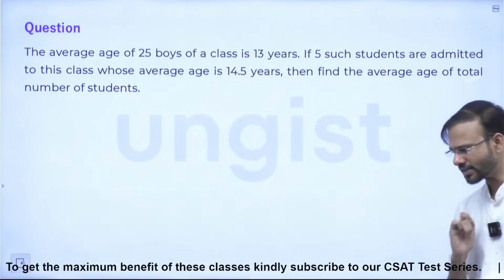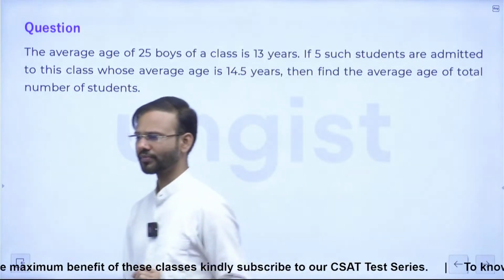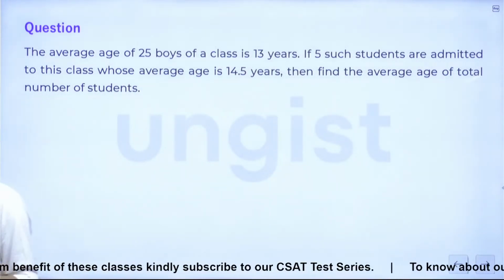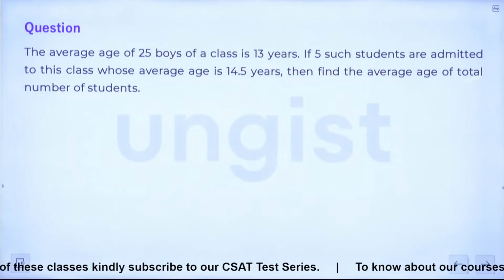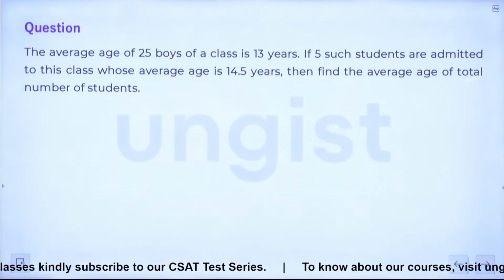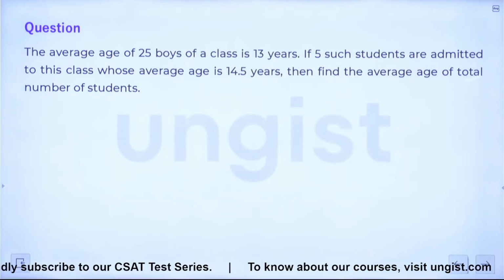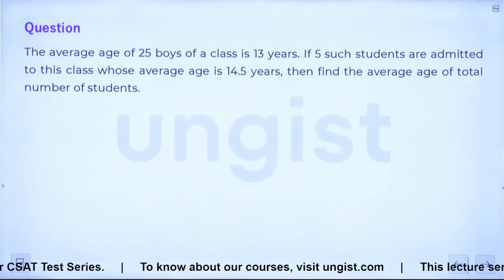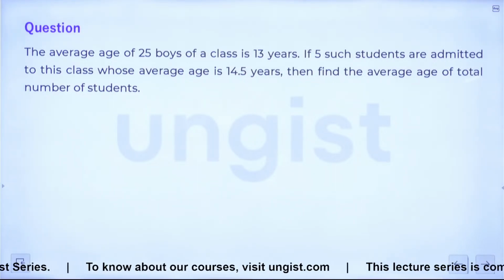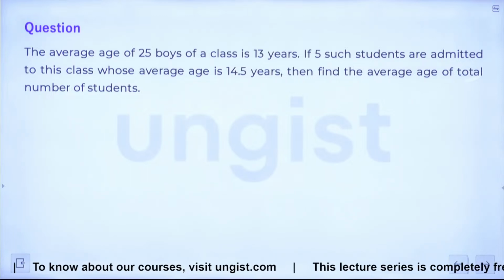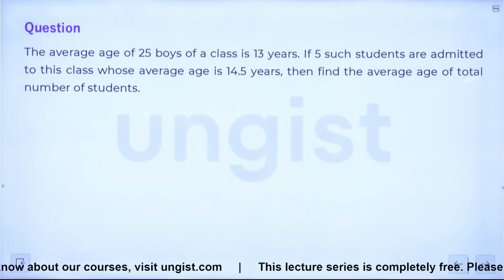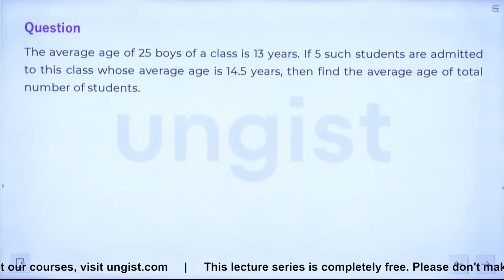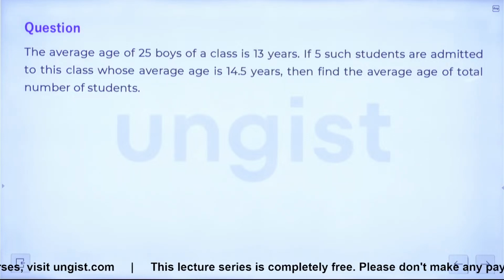What this question is asking, don't solve it. Just read this question. The question is saying the average age of 25 boys of a class is 13 years, correct? If 5 such students are admitted to this class whose average age is 14.5, then find the average age of the total number of students, correct?